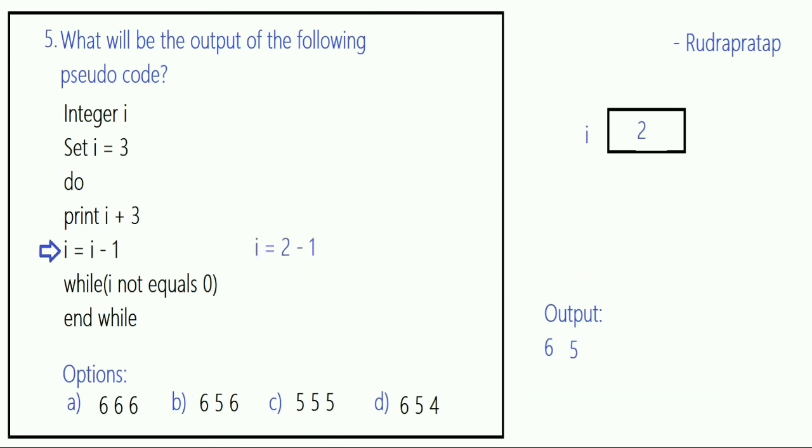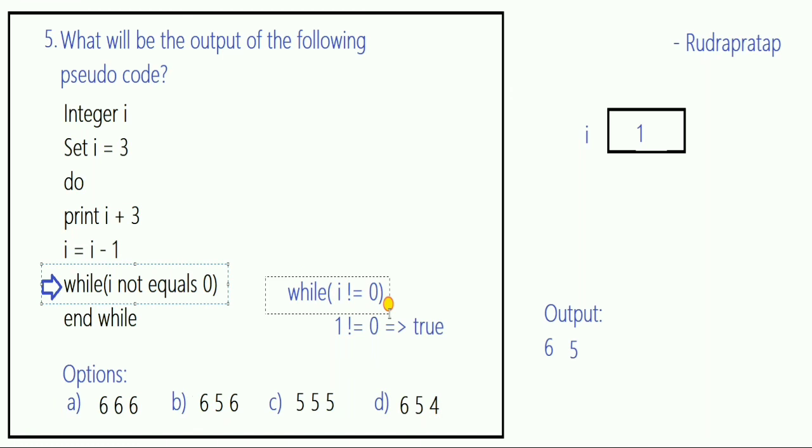And after that it will be decremented by 1, so value of I equal to 2 minus 1, which is 1, and now 1 is assigned to the variable I. And after that it will check condition of while loop, which is I is not equal to 0, 1 is not equal to 0, which is true.